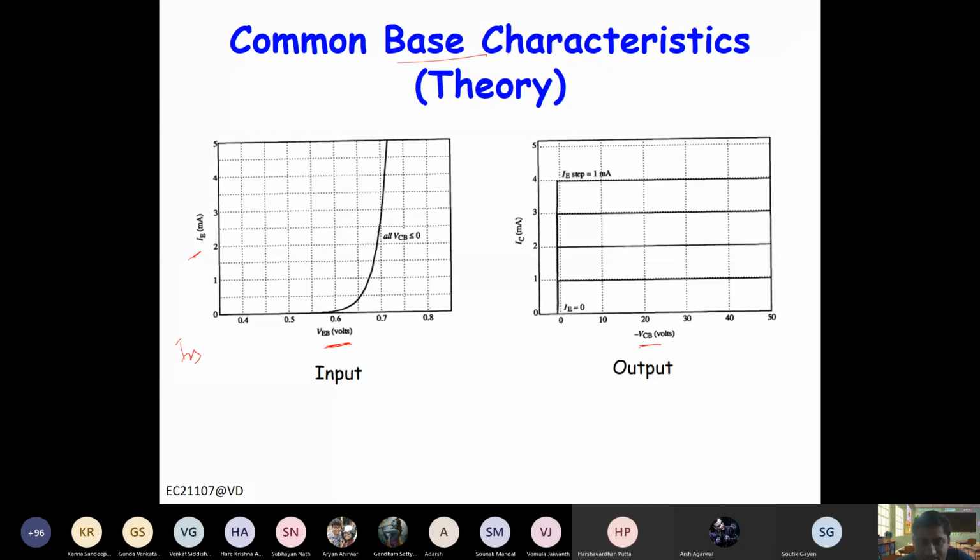Whenever VCB is not forward biased, you can expect a constant current for a given IE. Now this is all basically from the equations we have written. When we consider a practical PN junction diode, there will be a slight difference, so that we will discuss in the next class. Similarly, if you type these equations in MATLAB, you can get these characteristics.